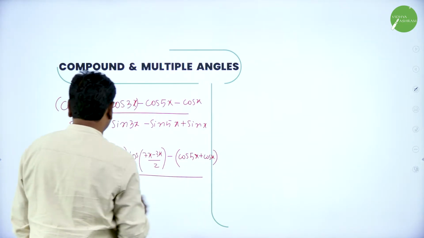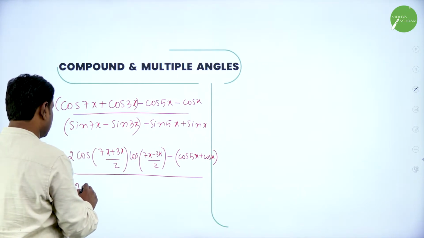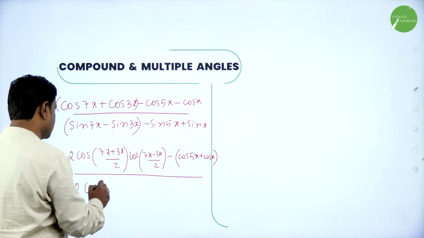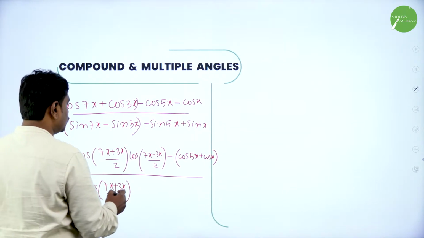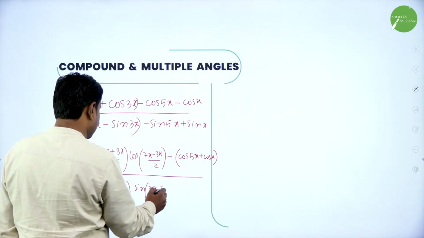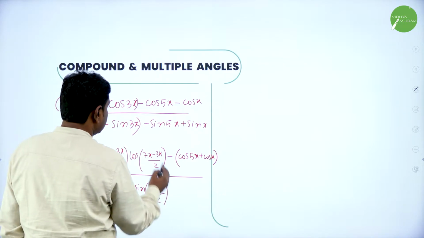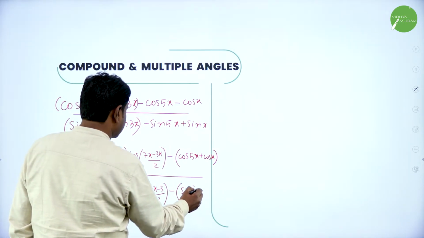Divided by, in the denominator, this is sin C minus sin D. Sin C minus sin D is 2 cos (C plus D)/2, (7x plus 3x)/2, into sin (7x minus 3x)/2. Again I will take minus common. If I take minus common, it will become sin 5x minus sin x.